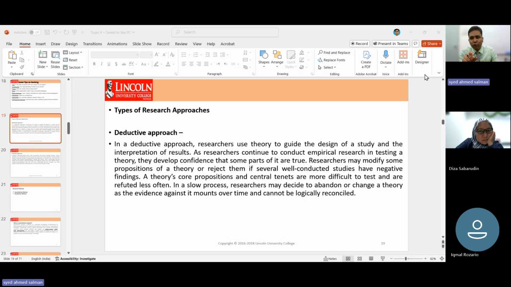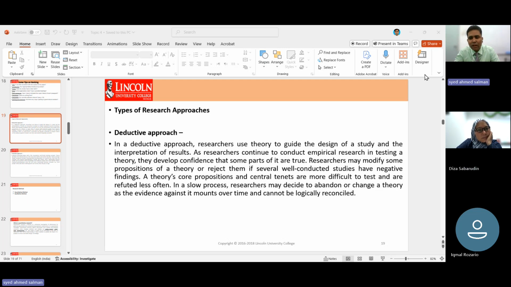You are going to test the variables. In a deductive approach, researchers use theory to guide the design. You are using the theory to guide. You are not testing the theory here. Do you understand what I am trying to say here?